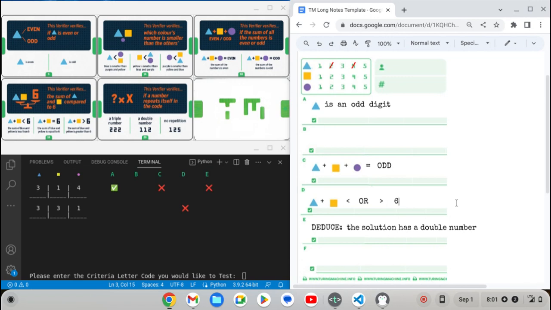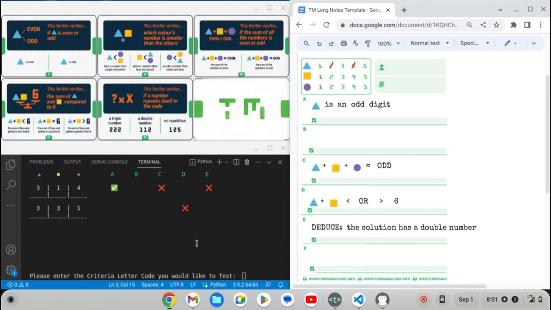Okay, so let's see. That does not necessarily imply that triangle and square are both odd, or that square is odd, because you could still have 1 and 3 add up to be less than 6, or 3 and 5 be added to be greater than 6. Okay. And, well, we did say that circle is the smallest. Let's see if that's still the case.